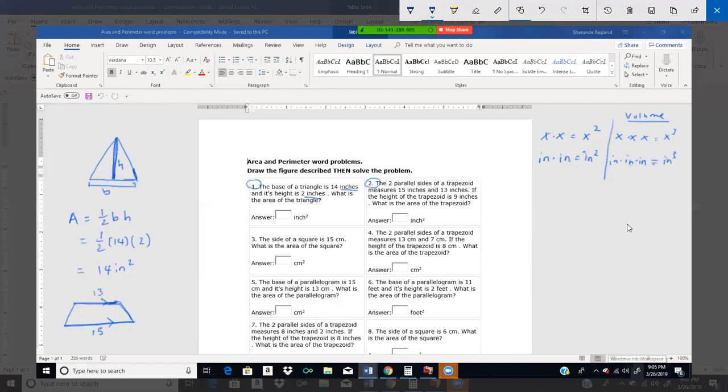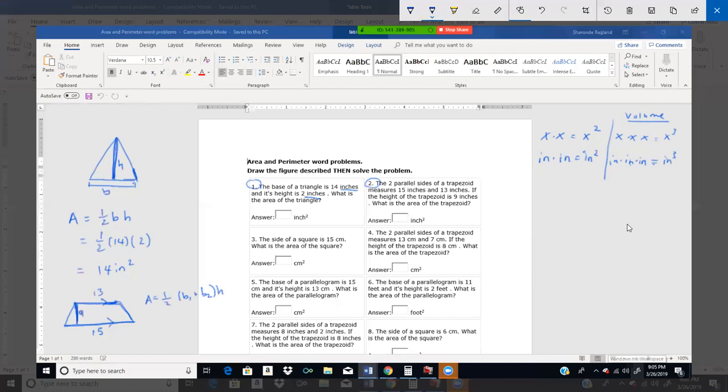So again, we'll do the height. The height is 9. When you're dealing with the area of a trapezoid, it's half of the sum of the 2 bases, and then times the height.